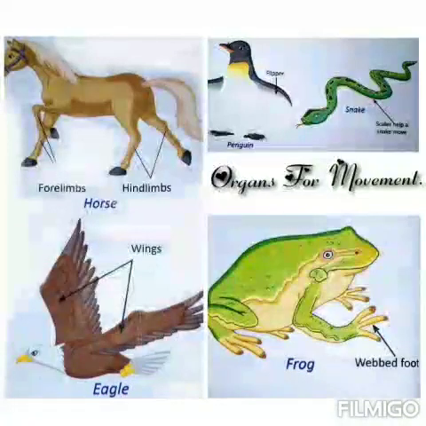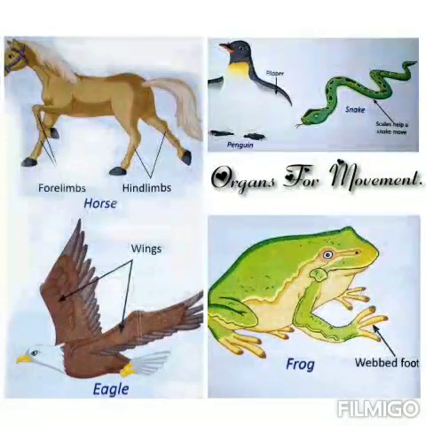Look at the picture given. First one, animals such as horses, cows, dogs and cats move with the help of their limbs.